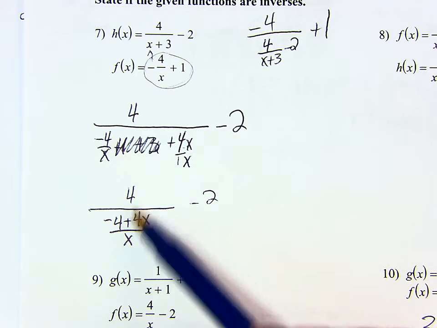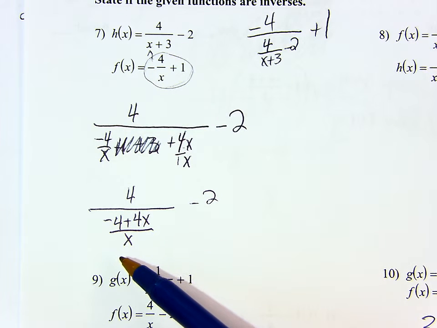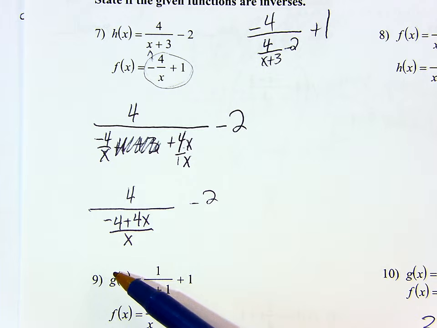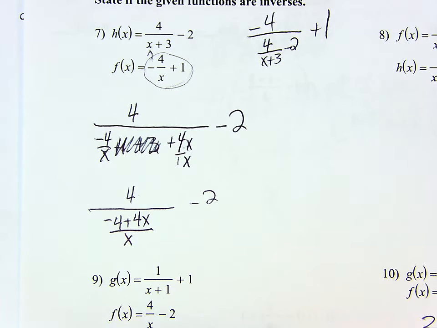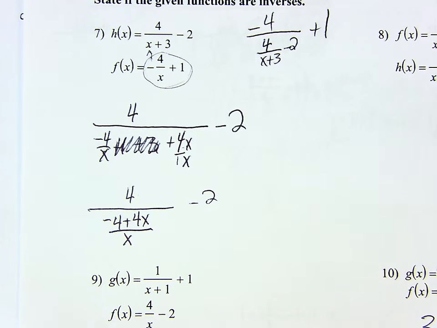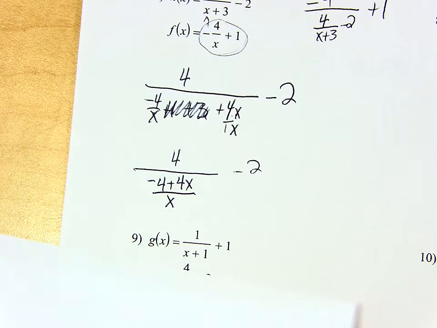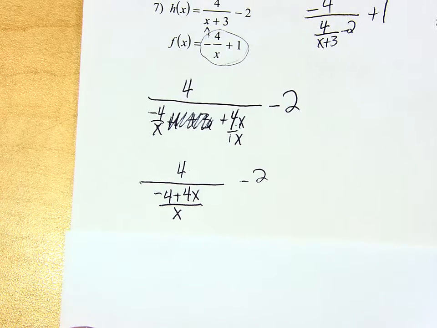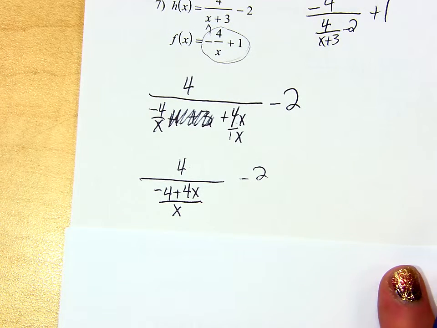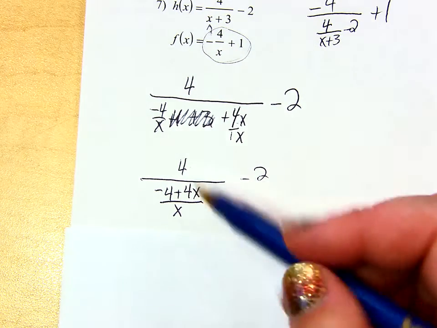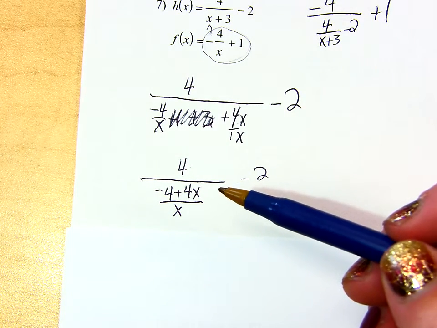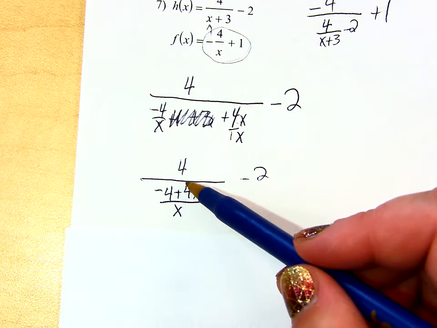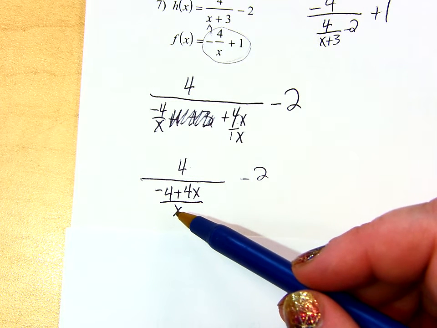If I have a fraction and a fraction, can I do keep change flip? Keep the numerator, change the division to multiplication, and flip the denominator. See how I have a fraction inside of a bigger fraction? Well, you can't have that. Isn't dividing by a fraction the same thing as multiplying by the reciprocal?